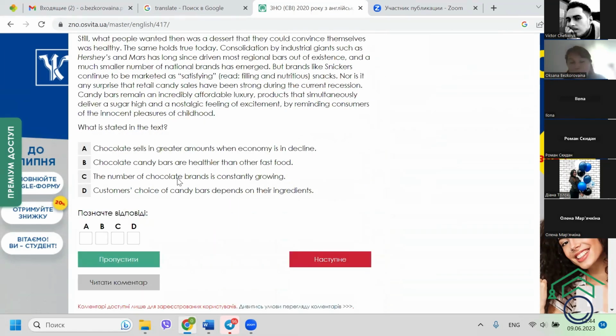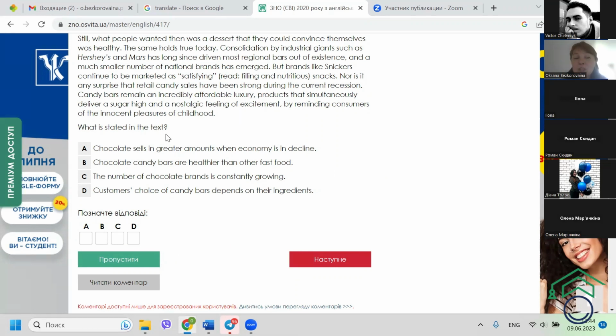The next, Соня Гуріна. Так, хто у нас була, сорі, це була Діана. Діана, ну тоді вам наступне. What is stated in the text? Так, що починається текст? Треба запам'ятати what is not mentioned і what is stated.